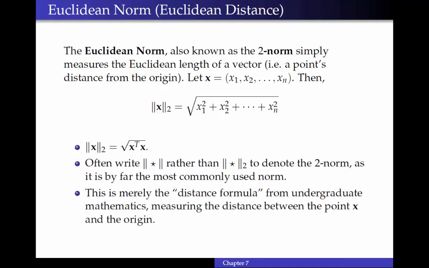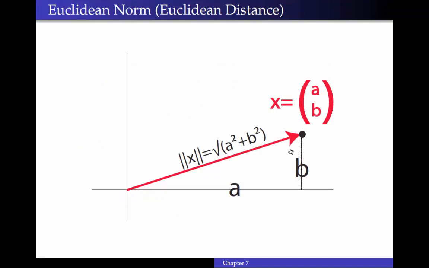And this is just a distance formula, if you remember from your undergraduate math, measuring the distance between a point x and the origin. Only now our points are in this n-dimensional space. We probably only looked at them in something like a 2-dimensional space or a 3-dimensional space, where I have this point, a b, which in linear algebra becomes a vector, so it's pointed away from the origin and towards the point.